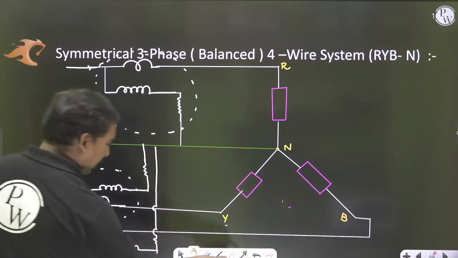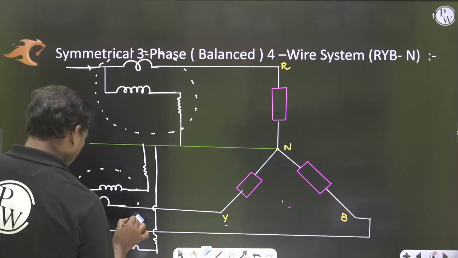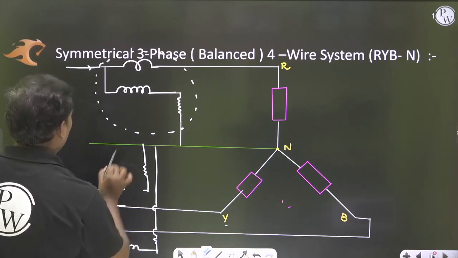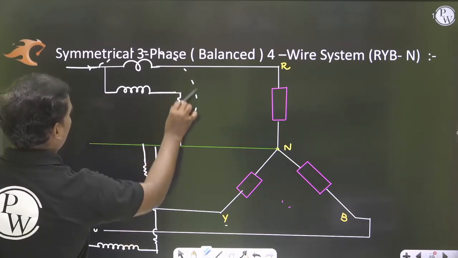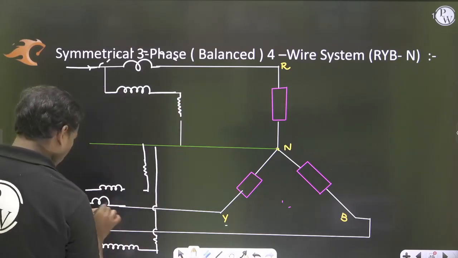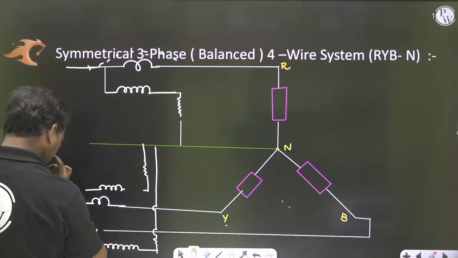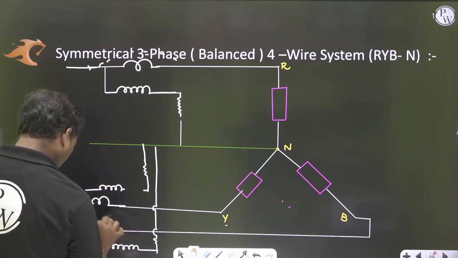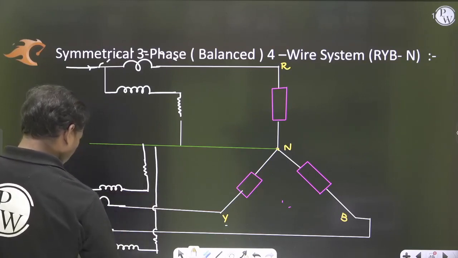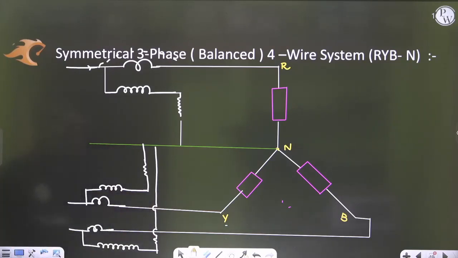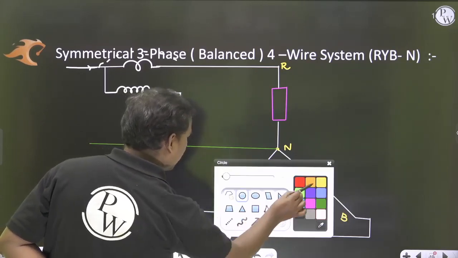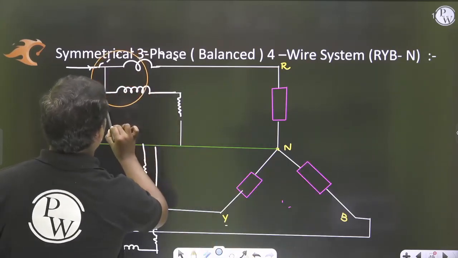So now if you check, this is 1 wattmeter.